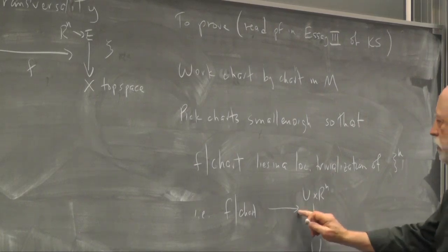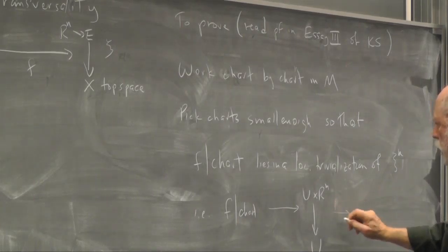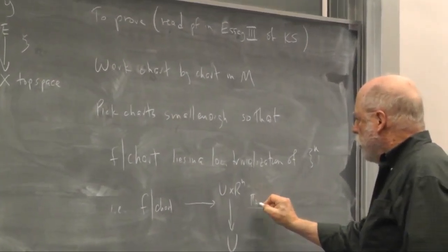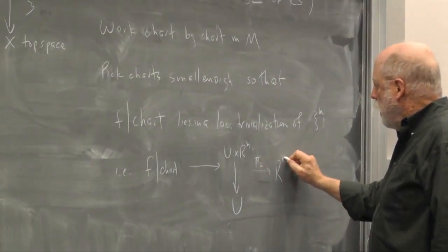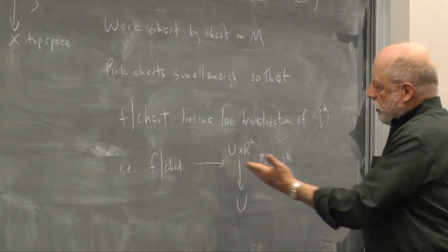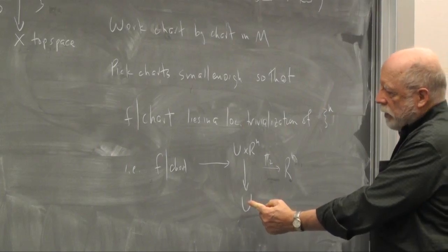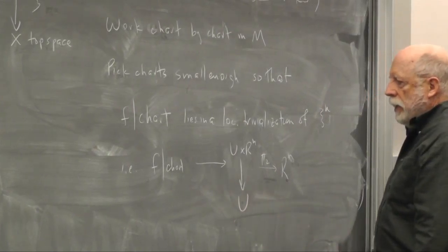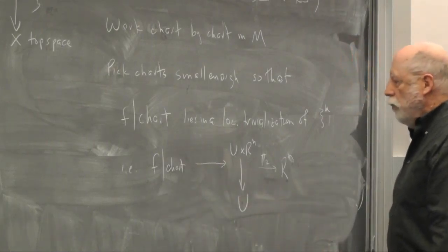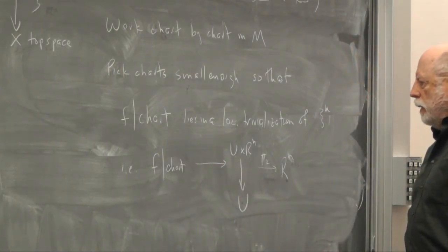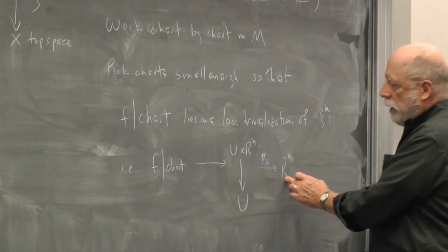And then you can simply compose by projection out of the second factor, you can map to Rn. And now we just did transversality as a map to Rn, and this U is simply a dummy factor. What you're doing is you're homotoping the map into Rn.